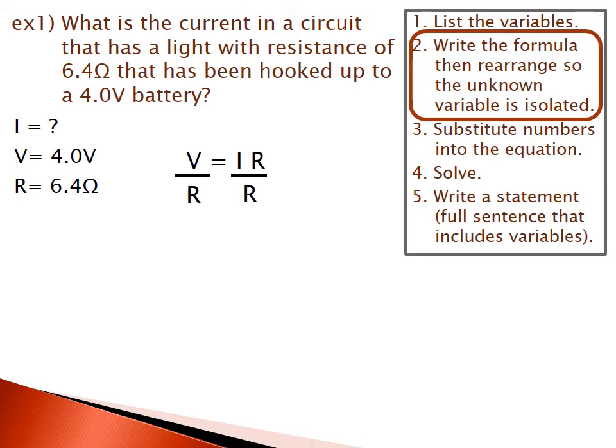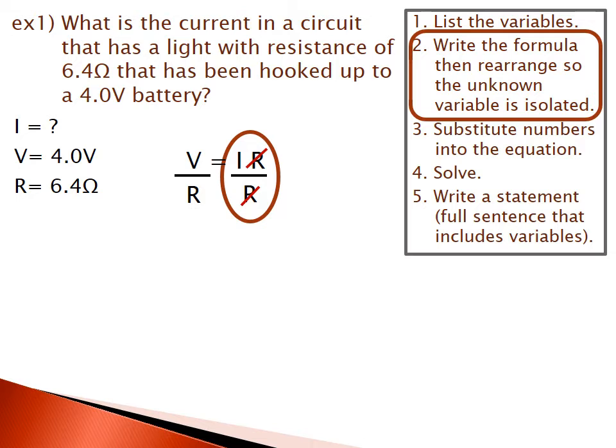Now that I see an R on the top and the bottom on the right-hand side, I can factor those two variables out because anything divided by itself is equal to 1. Since both R's factor out, that now leaves I by itself, and that's what I wanted. I'm looking to isolate I, so I need to get I by itself.